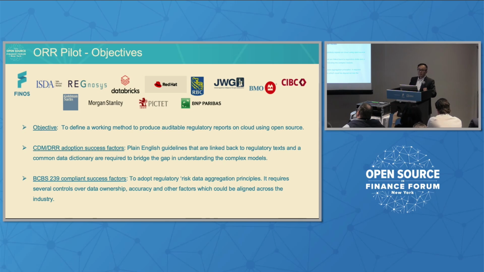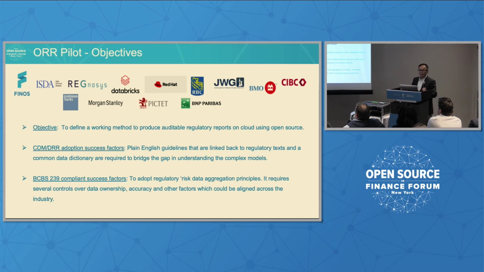So early this year, FINOS launched this ORR project, and partnered with these listed participants from both banking and the tech sectors, to try to simplify the digital regulatory reporting implementation, and to define and develop this open source pilot.